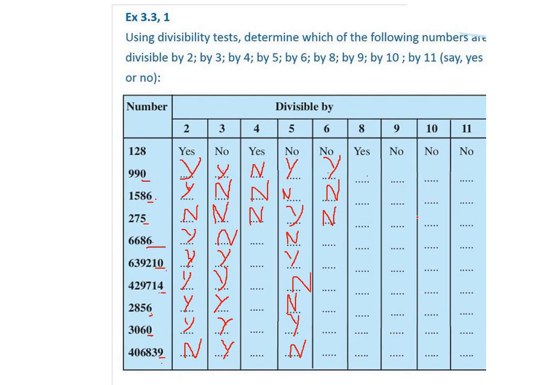The rest will be done by you. For the test of divisibility of 8, we need to check the division of the last 3 digits.